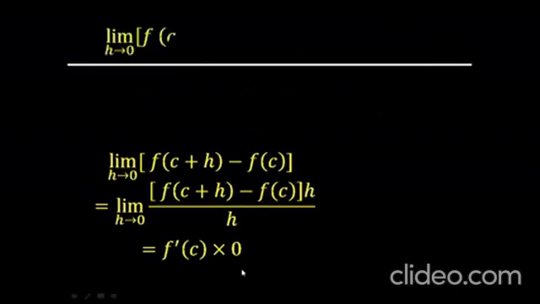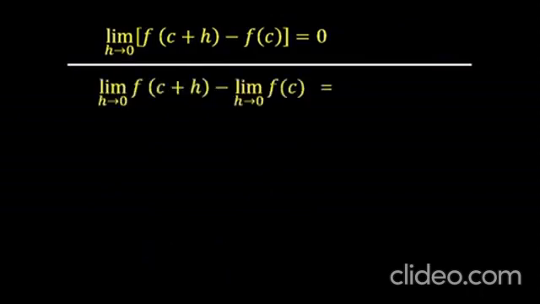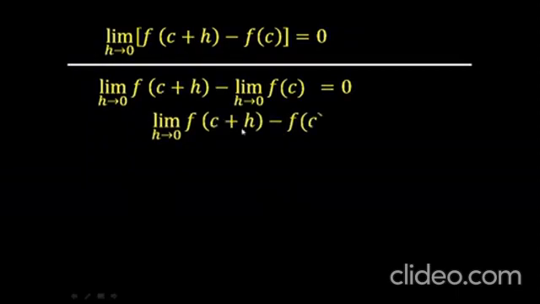Then we can write separately the limit h tends to 0 of f(c plus h) minus the limit h tends to 0 of f(c). f(c) represents a constant value, so after applying the limit it does not have any effect on the function at the point c. So we can say limit h tends to 0 of f(c plus h) minus f(c) is equal to 0.